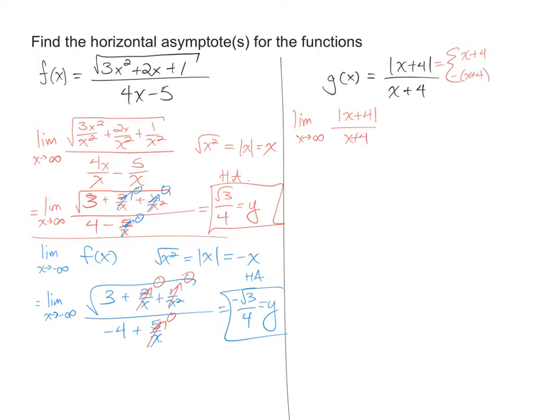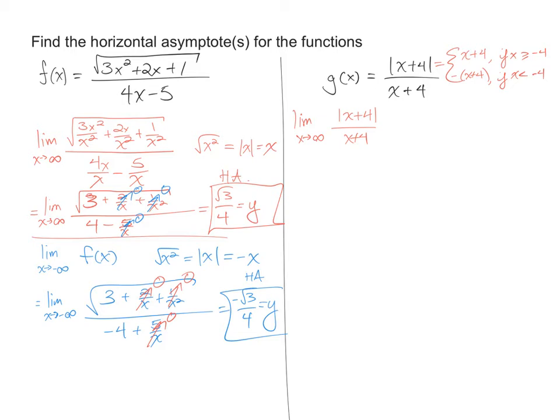And recall that to find out where the domain breaks, you just set x plus 4 equal to 0 and solve for x. That'll give you x plus 4 if x is greater than or equal to negative 4, and negative x plus 4 if x is less than negative 4.